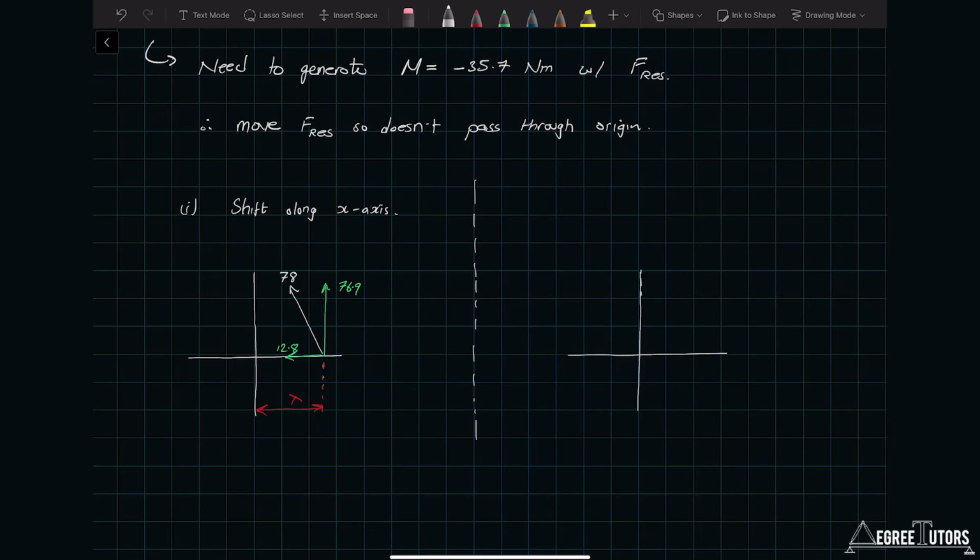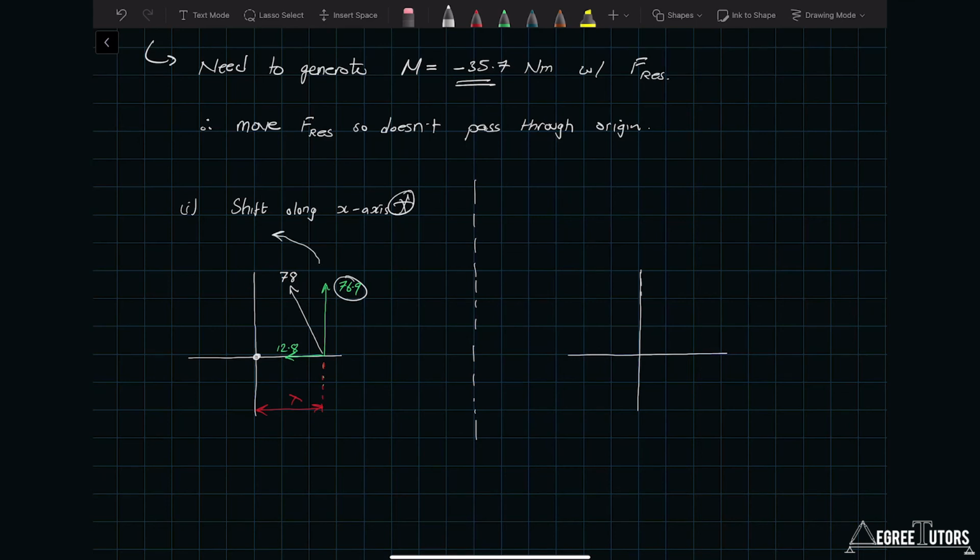Now also, before I draw on the other option, remember it's a counterclockwise moment I have to generate, right? It's a negative 35.7. And so that means that if I was generating my moment by shifting along the x-axis, I'd have to shift it in the positive x direction, because that way the vertical component here would generate a counterclockwise moment about the origin.